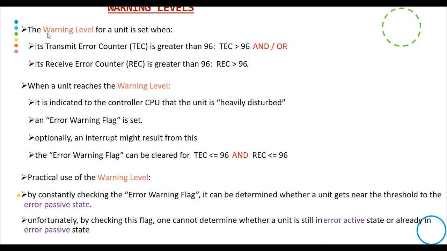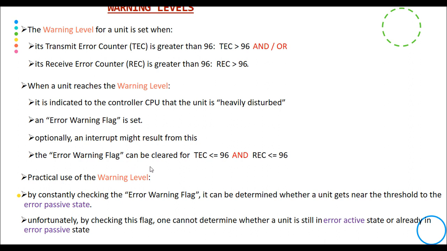Say a warning level for each of the nodes is set whenever the TEC counter is greater than 96 and or the receive error counter is greater than 96. So when a unit reaches a warning level, it is indicated to the main controller CPU that the unit is heavily disturbed and an error warning flag is set. Optionally, an interrupt might also result from this.